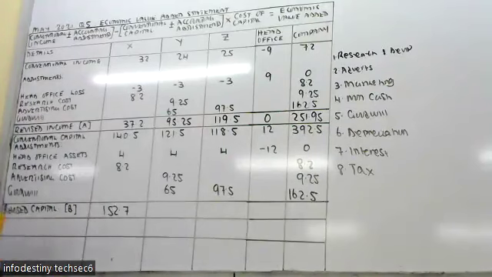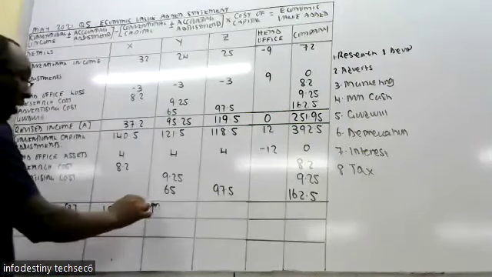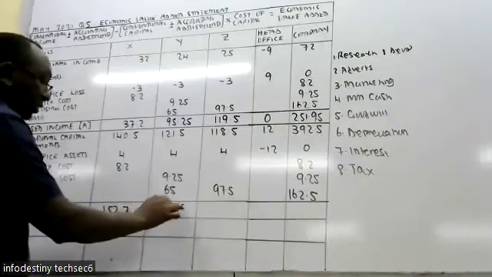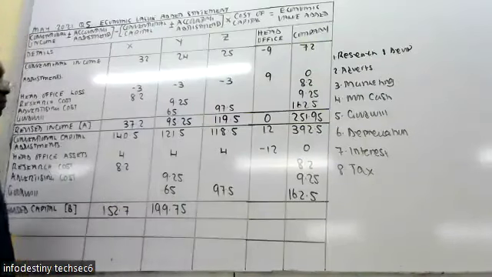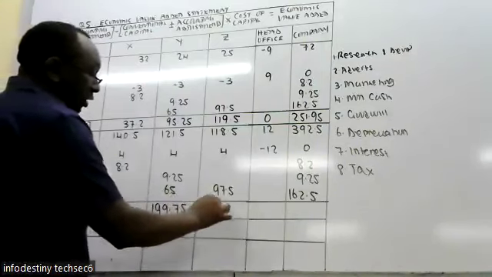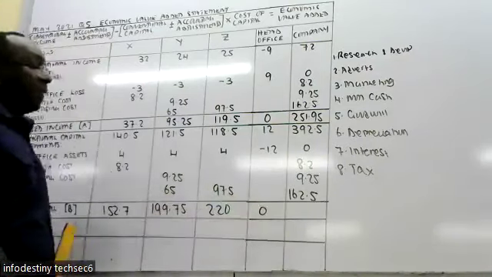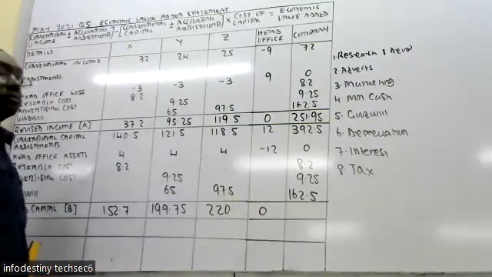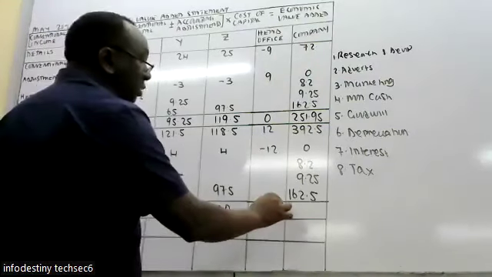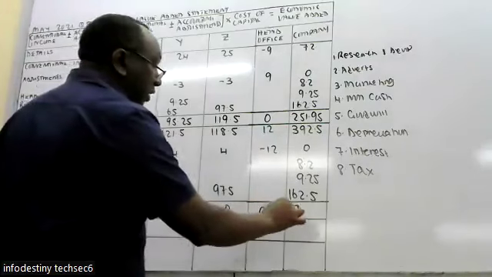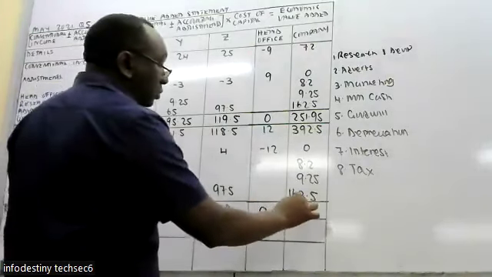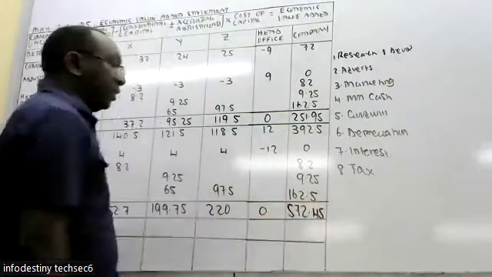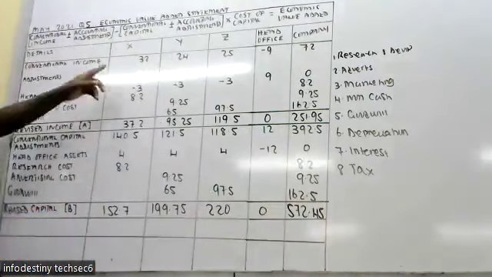Next, 199.7, 5, 220 and 0. 572.45. Haya, sasa tumefika hapa kwa hii formula.